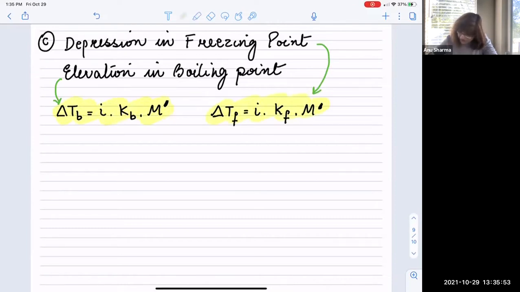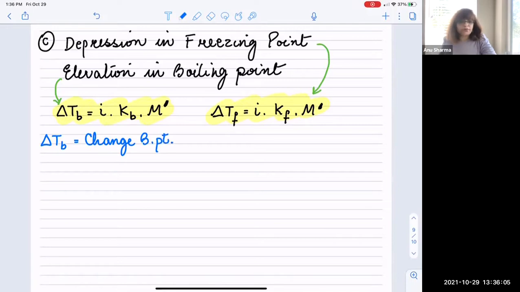So what are their meanings? Here, delta TB is the change in boiling point. We understand that if there are solute particles, the boiling point is going to change, but by how much? That's what we figure out from these problems. Delta TF, similarly, is the change in freezing point.